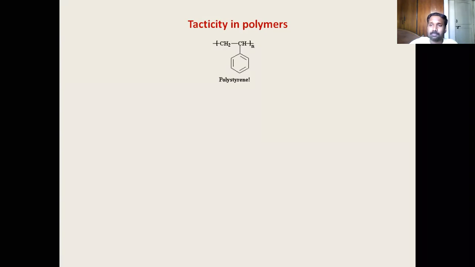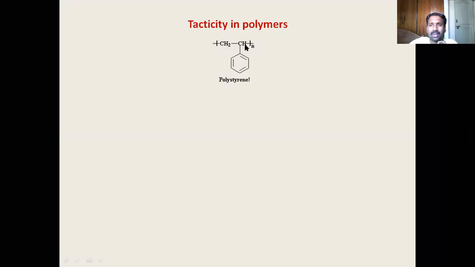Is it not a chiral center? How to recognize it? It should be attached to 4 different substituents. See here, the carbon here: H on this side, a phenyl ring, and a CH2 alkyl chain, and another CH2 alkyl chain.